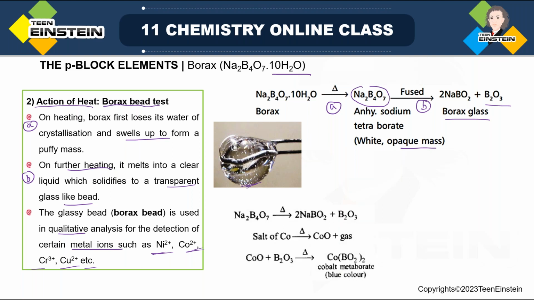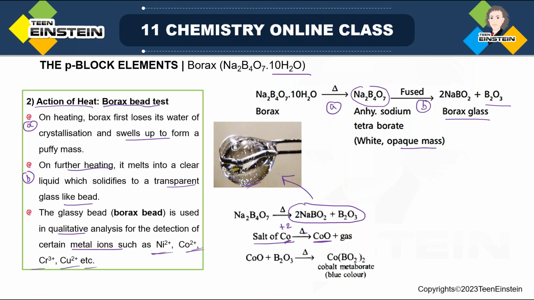Just for example, when you have already obtained this glass-like bead, now you have some sample where a cobalt salt is present. It may be any salt, suppose cobalt chloride or any other ions present. So this salt of cobalt, which has a +2 oxidation state, when you heat it, there is formation of CoO.